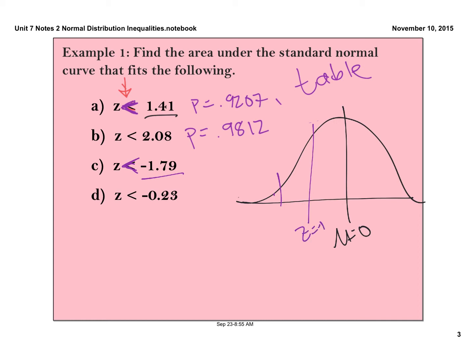This would be negative 1.79. So I'm looking less than that. It's a pretty small region. I'm only looking at that tiny little piece right there. So if I look at that tiny little piece in my table, go to negative 1.79, just like you did yesterday, and look up the probability there.